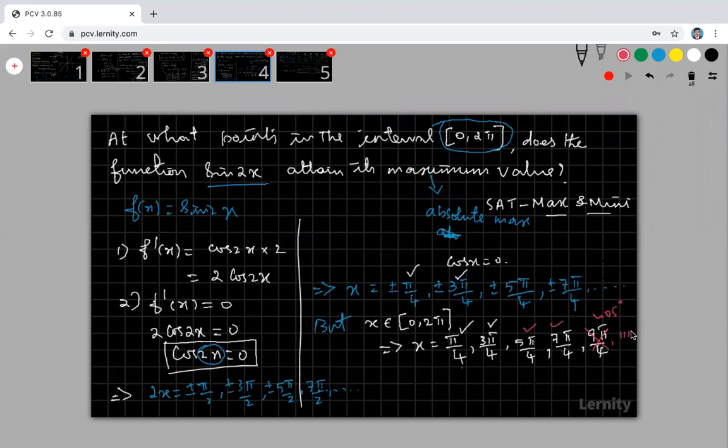My next one, 11 pi by 4, also does not belong to this. Only up to these 4 values belong to this interval. That means these are your critical points, which implies x is equal to pi by 4, 3 pi by 4, 5 pi by 4, 7 pi by 4 are the critical points of f of x.